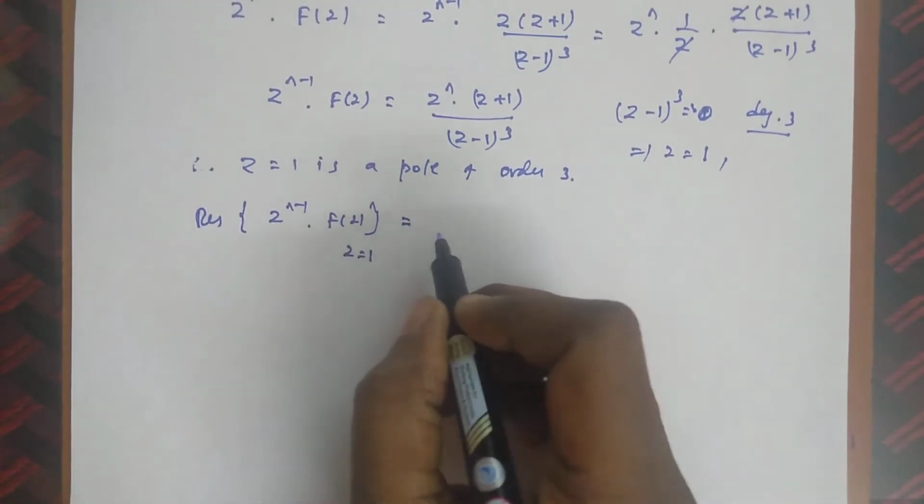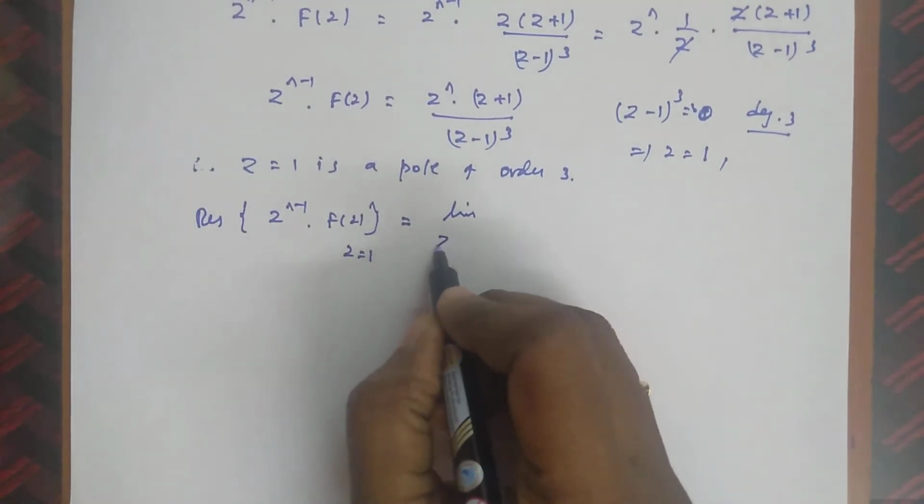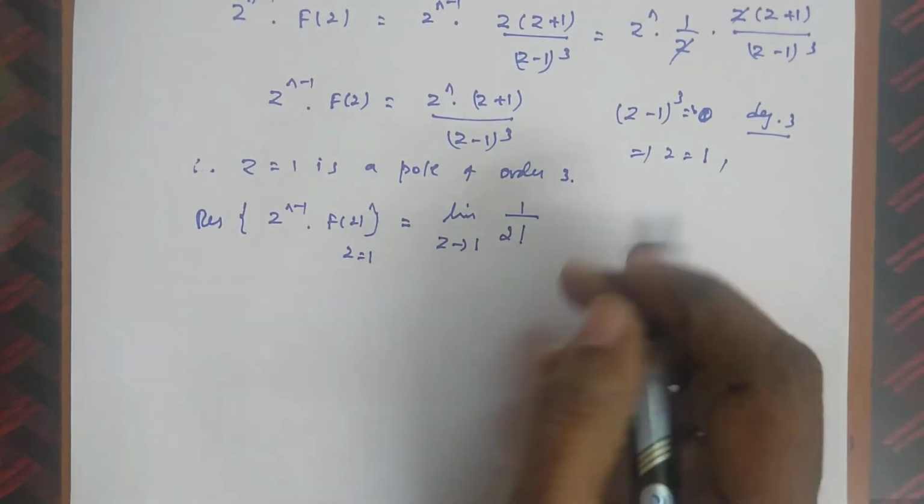Okay. So what is the formula? Limit Z tends to 1, because the point is 1. So limit Z tends to 1 and then 1 by 2 factorial, because here the order is 3.